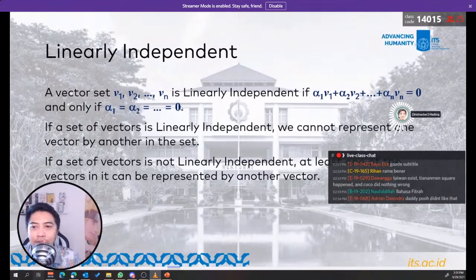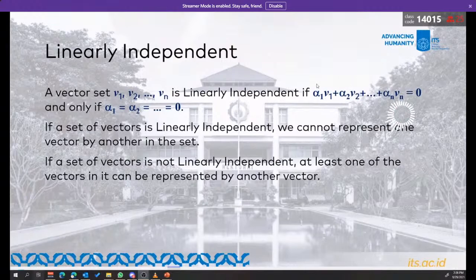Let me speak in bahasa. Katakanlah kita punya sebuah himpunan vektor V1, V2, V3. Karena biasanya dalam grafika komputer kita cuma stop sampai dimensi 3 aja udah cukup sebenarnya. Untuk definisinya, itu kita katakan sebagai bebas linear. Syaratnya adalah persamaan yang atas ini akan bernilai 0 hanya ketika alfanya semuanya bernilai 0.